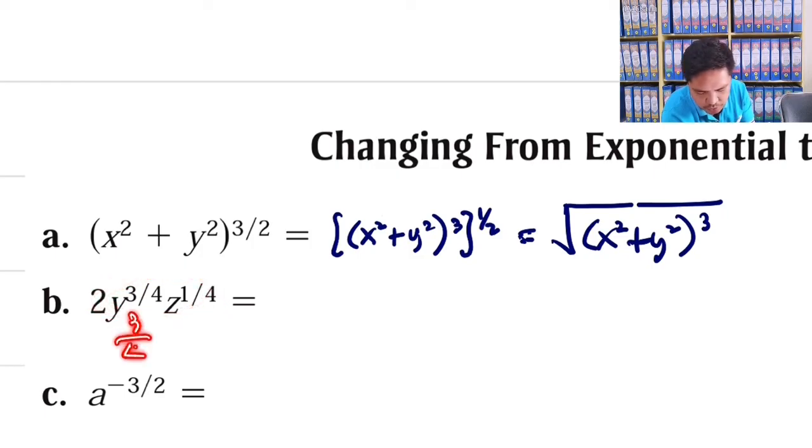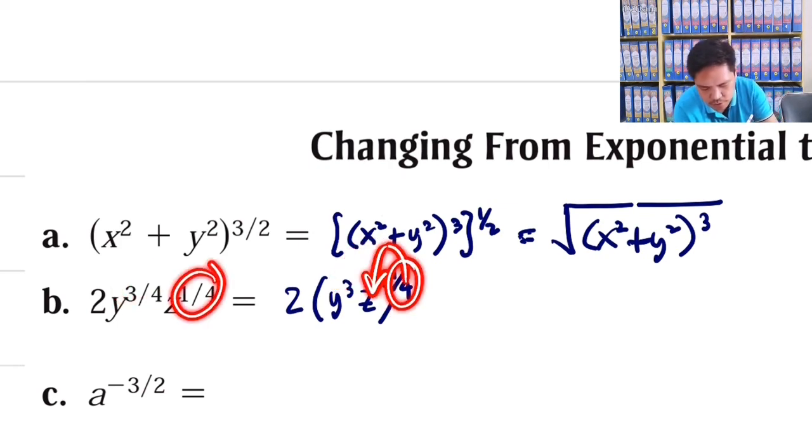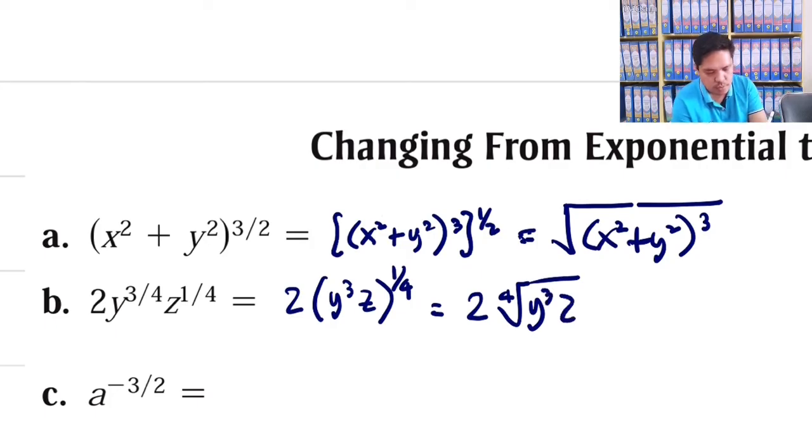Because 3/4 is just 3 times 1/4, so we can factor out the 1/4. That would be 2 times y cubed times z, raised to 1/4. Raised to 3/4 raised to 1/4. So our answer is just 2 times the fourth root of y cubed z.